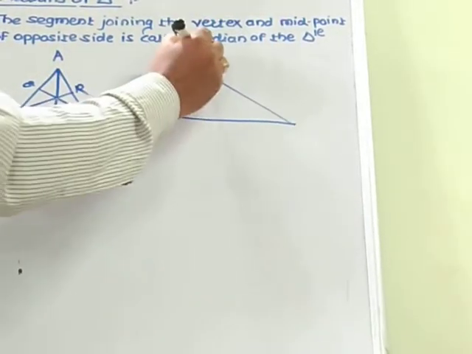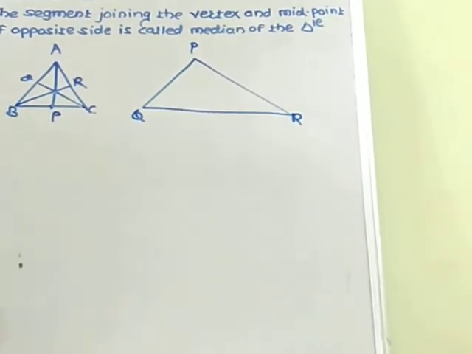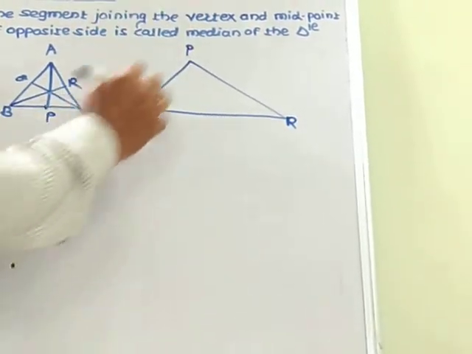Okay, this is triangle PQR. Then what is altitude?